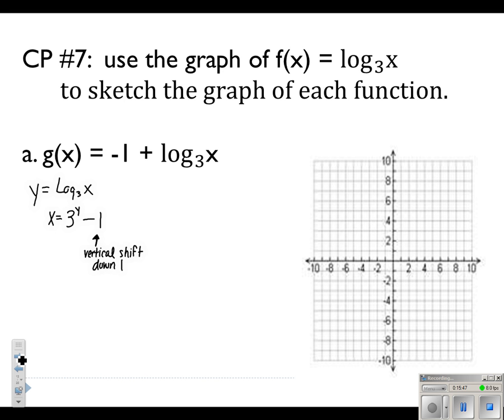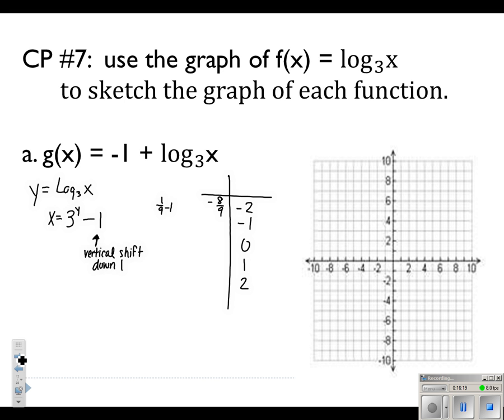So looking at this then, we can still build our table of values. And if we're looking at 3 to the y power minus 1, again, you just might want to start with y's instead of x's. So if we have 3 to the negative 2 power, that's going to be 1/9. If we have 1/9 minus 1, we have negative 8/9.